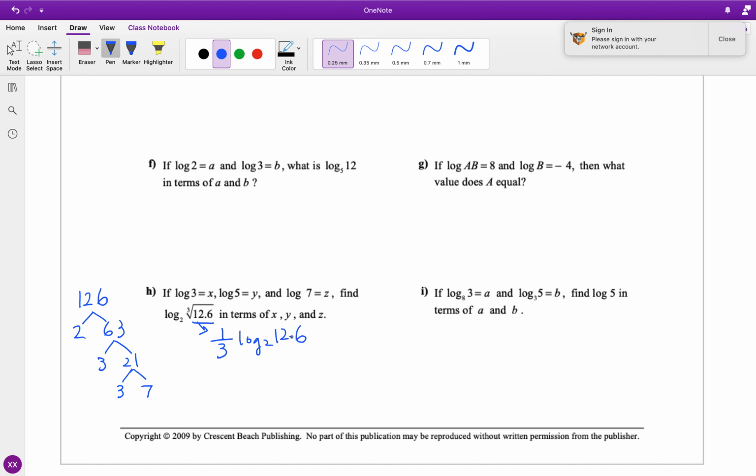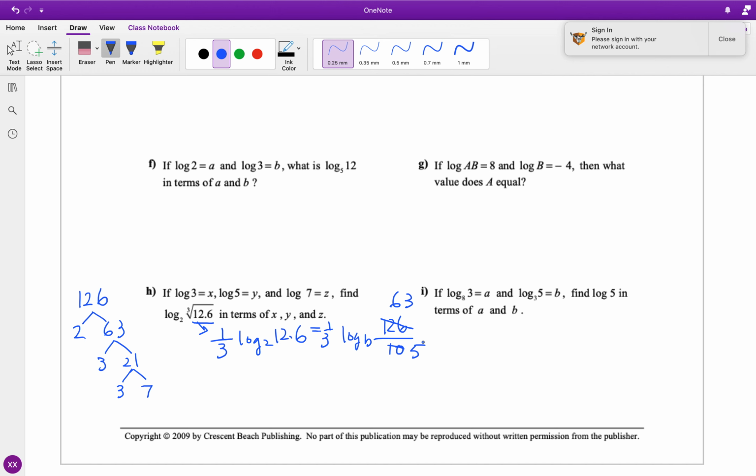And this one, as I said, I don't like a decimal, so I'm going to get a whole number. That equals log base 2 of 126 divided by 10. This has a common factor of 2, so then that becomes 63 over 5. Okay, so this is starting to be a bit promising.